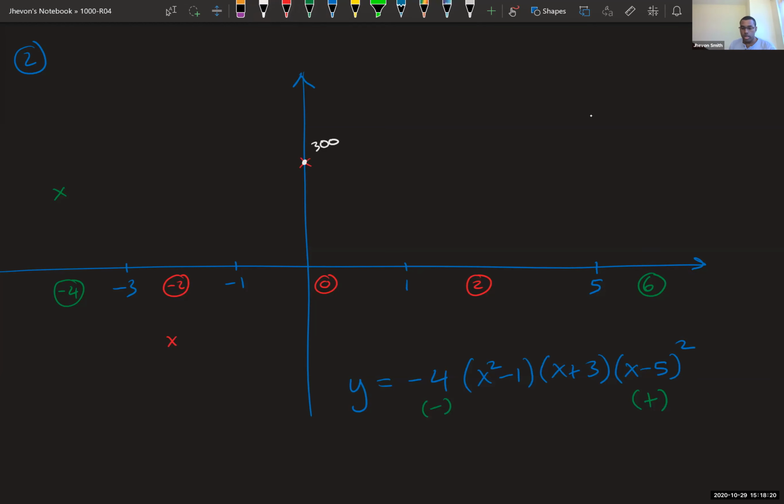Now I go and I plug in 2. If I plug in 2 into the first one, I would get a positive number. Plug in 2 to this, I get a positive number. So now I'm negative, so I know I should be below. If I now plug in the 6, 6 squared minus 1, that's positive. 6 plus 3, that's positive. So now that is below.